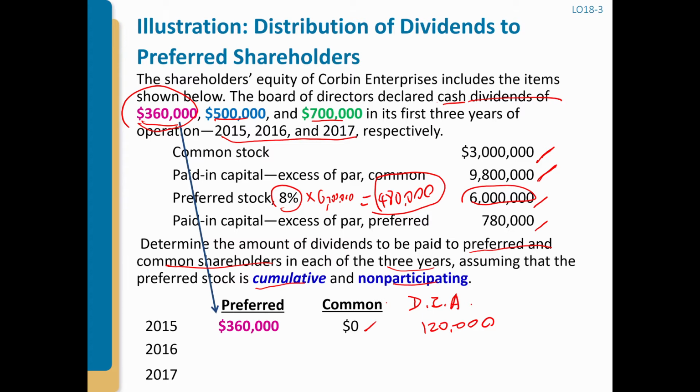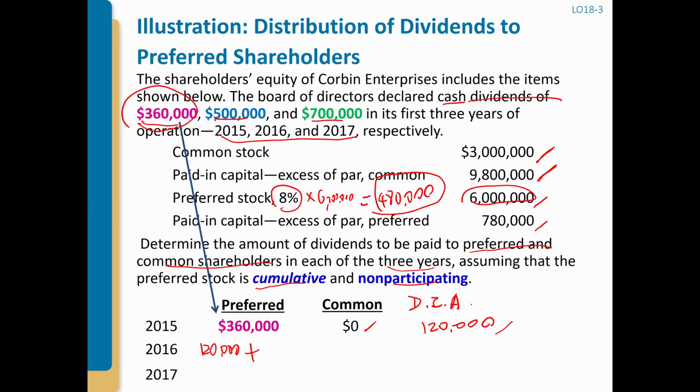Okay, 2016. Remember 2016, what are you going to do? You want to take care of dividend in arrears first. So in 2016, you want to take care of this 120,000 first, right? And then you're going to pay 480. But remember, 120 plus 480 is going to be 600,000, right?